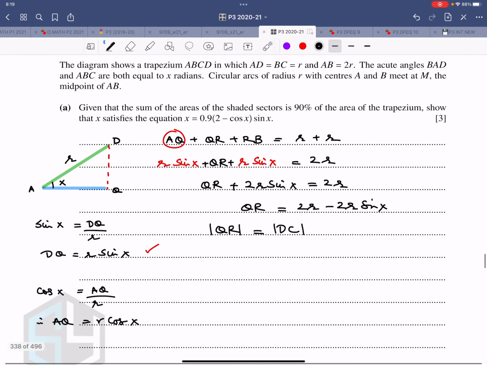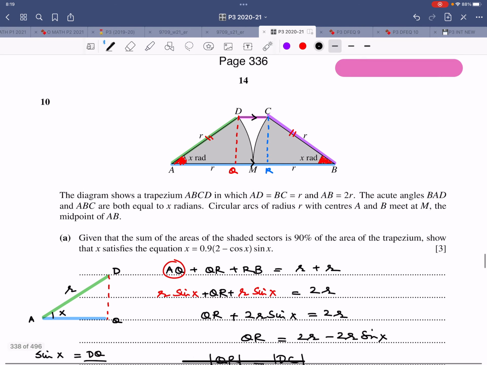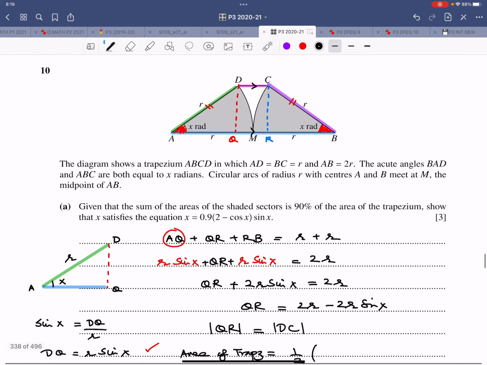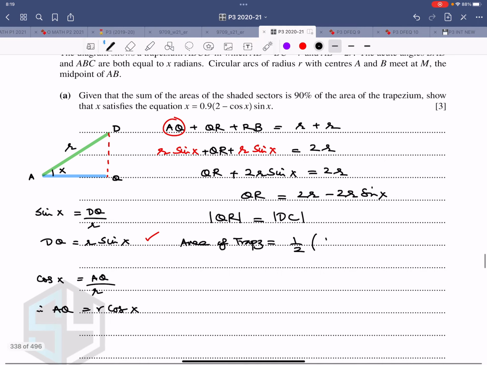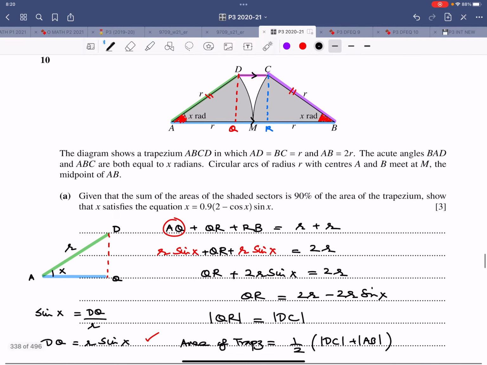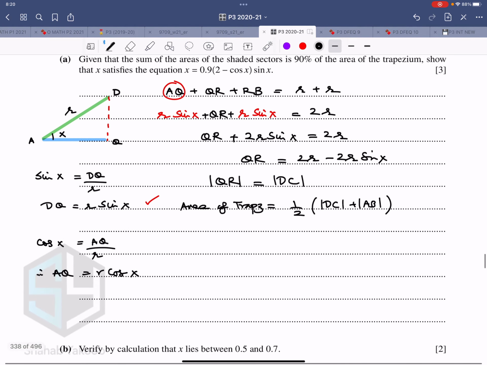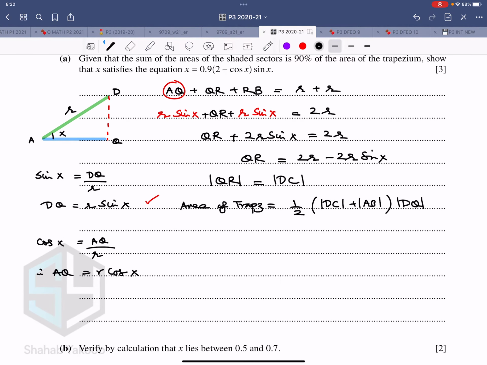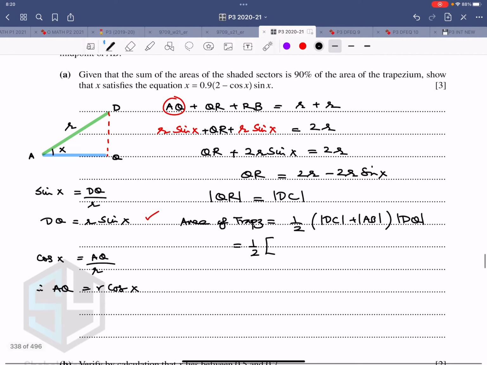So area of trapezium, that is half sum of parallel sides. Parallel sides are DC and AB. So this is DC plus AB multiplied by height. Height is DQ. So therefore this is half. Sum of parallel sides is DC. DC is the same thing as QR, which is 2R minus 2R sine X plus AB. What is AB? AB is 2R.